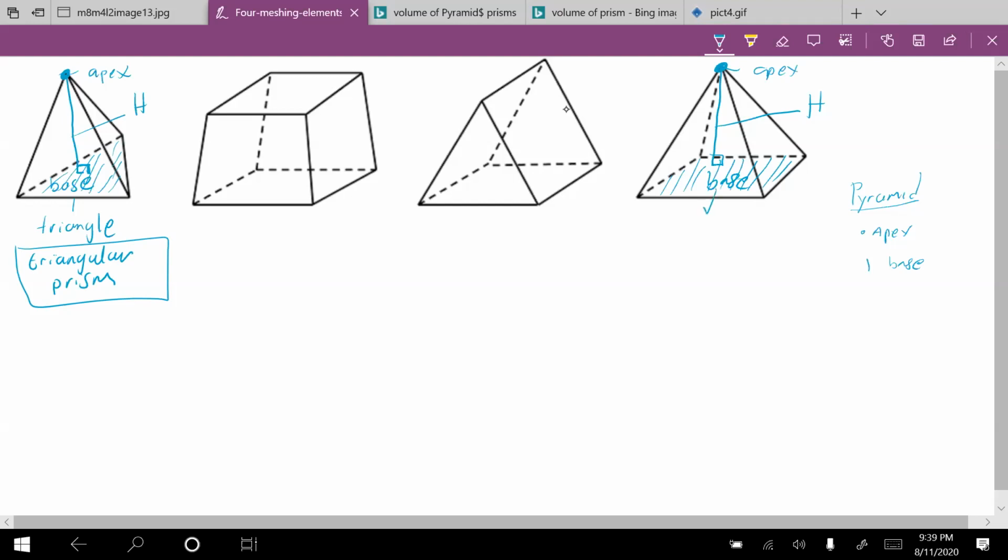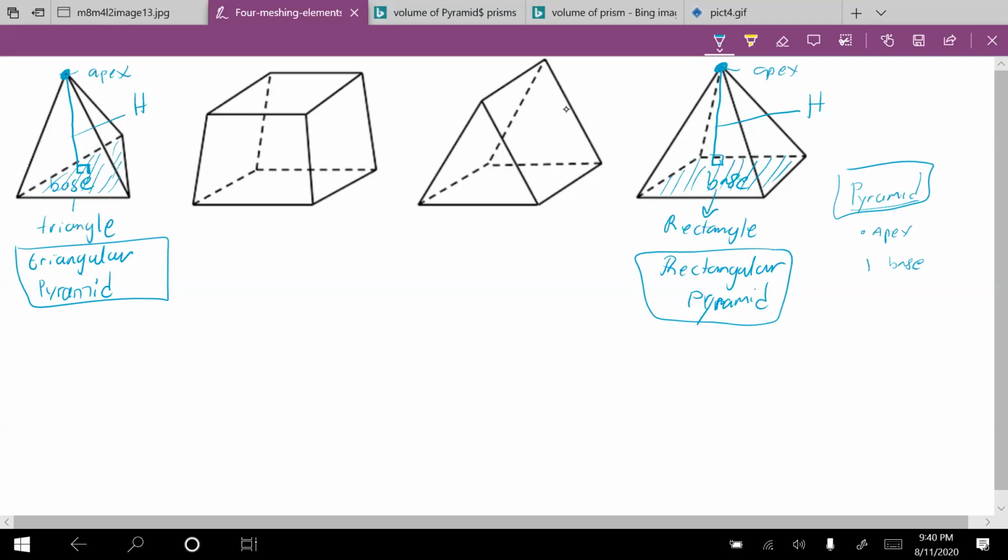But this base has the shape of a rectangle, and so this is named rectangular pyramid. Sorry guys, we're talking about a pyramid. They get confused like this, and you can see I'm already confused too. Pyramid, pyramid, because of the apex and one base.